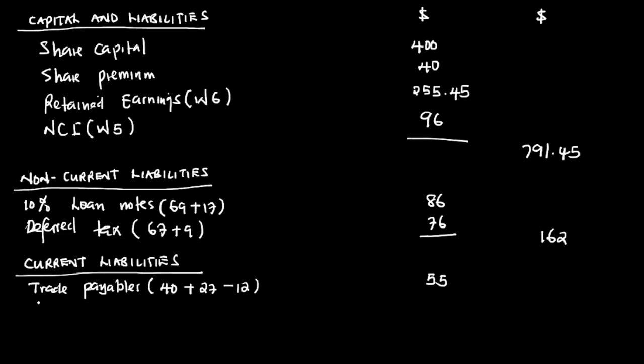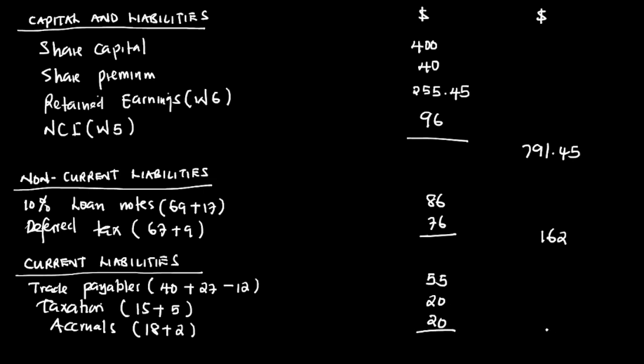Then taxation, parent plus subsidiary, that's 20. Accruals, 18 plus 2, that's 20. Total 95. Then your total 1048.45.